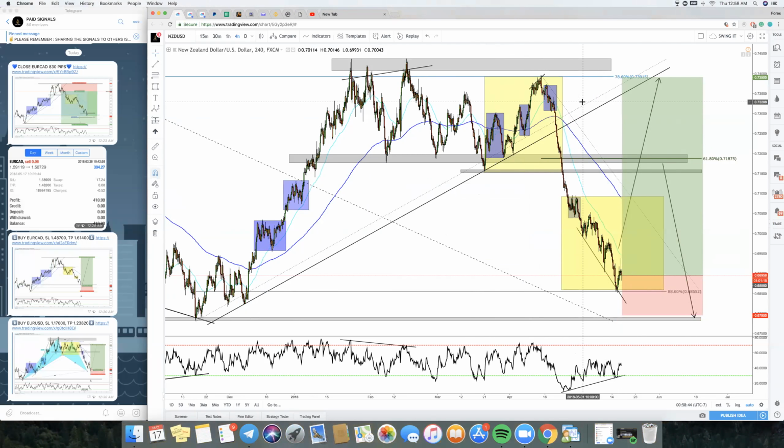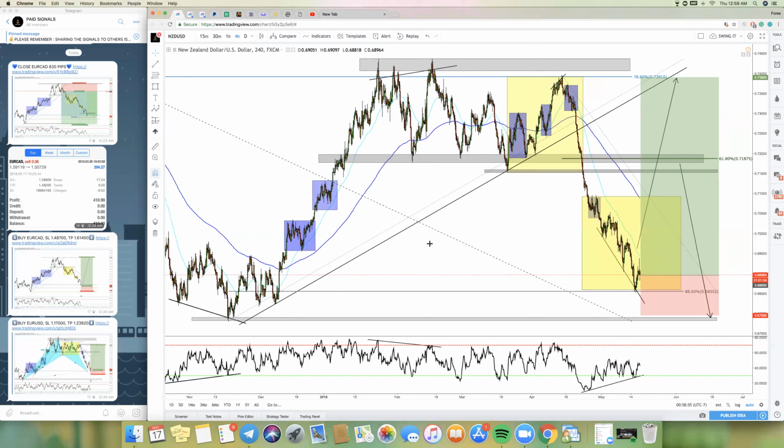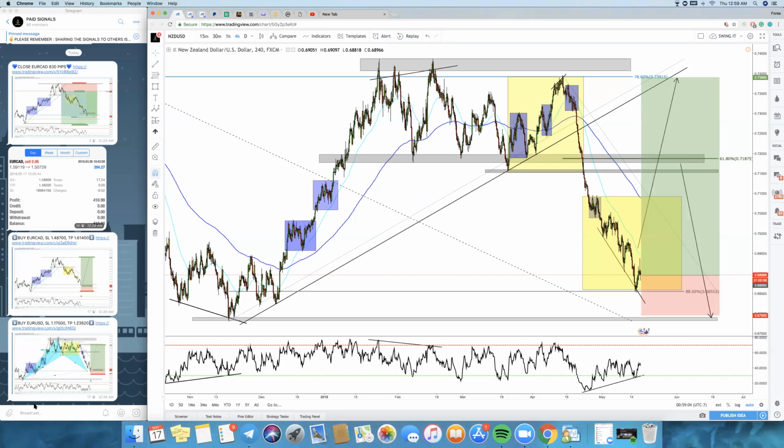So 495 pips take profit, and then stop loss is 100 pips. No big deal. And plus 88.6. All right. So what we're gonna do is just buy, and we just wait.